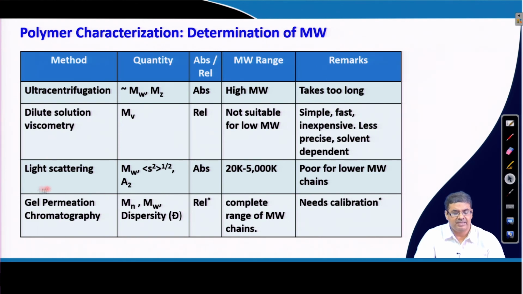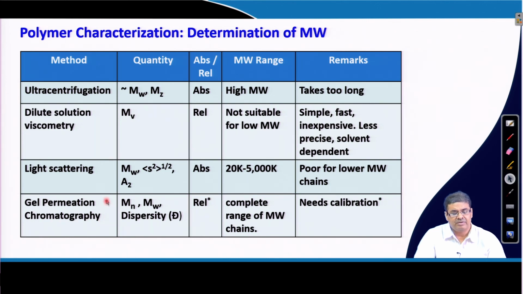One of the best techniques for polymer molecular weight determination is gel permeation chromatography, or GPC. It gives number average molecular weight, weight average molecular weight, and also the entire distribution of molecular weights, which indirectly gives the dispersity.